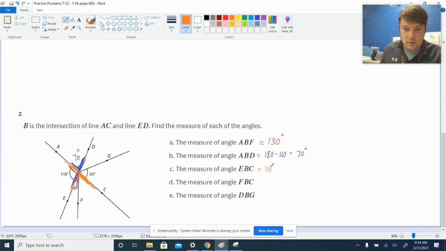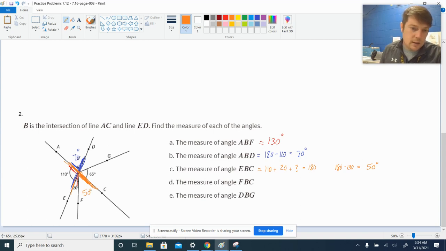Okay, 110 plus 20 plus our mystery angle, which is what we're trying to find, EBC, that all equals 180. So when I combine those, I get 130. So I've got to find the mystery angle by doing 180 minus 130. And that would be 50. So I get 50 for that one. This one is 50 degrees.